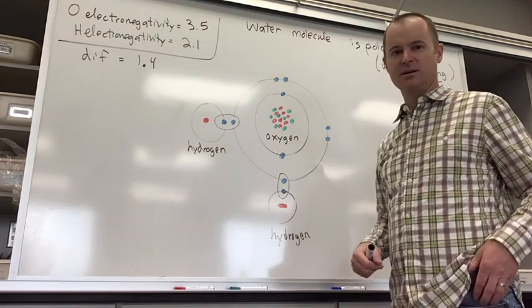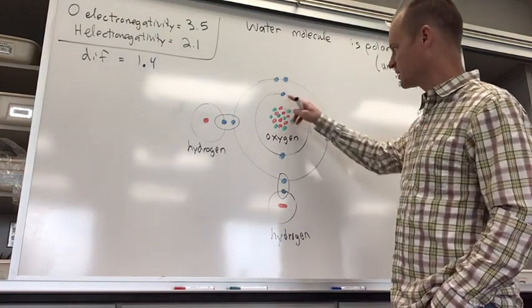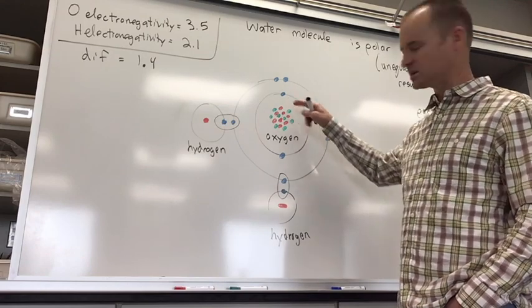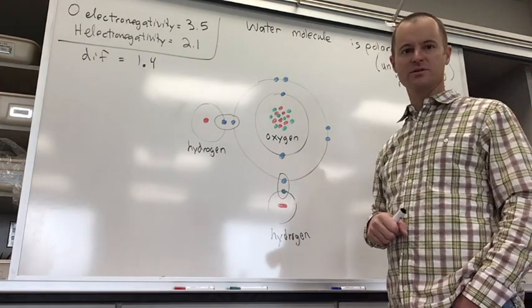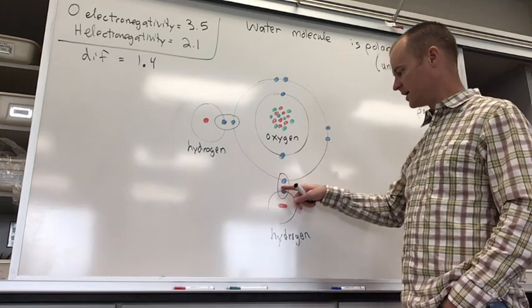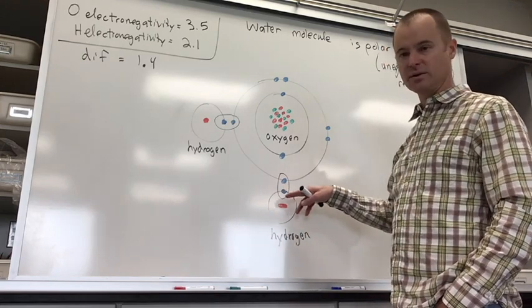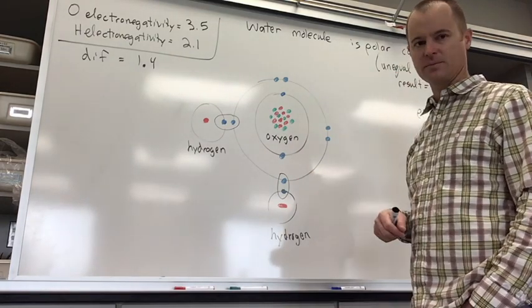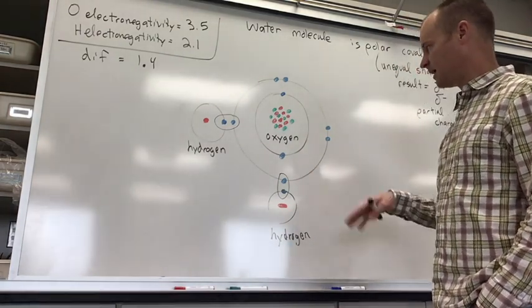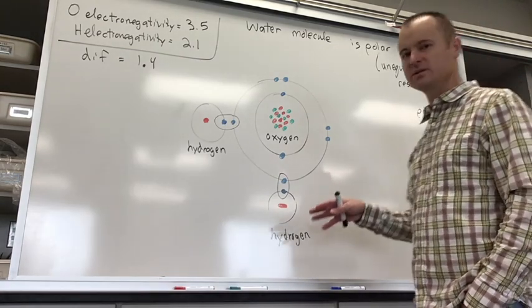Hydrogen is also happy because, as we knew here, you can only put 2 electrons in the inner shell or inner ring. Well, hydrogen can consider both of those its own. And so hydrogen has its ring filled up, and oxygen has its ring filled up. So it's stable.